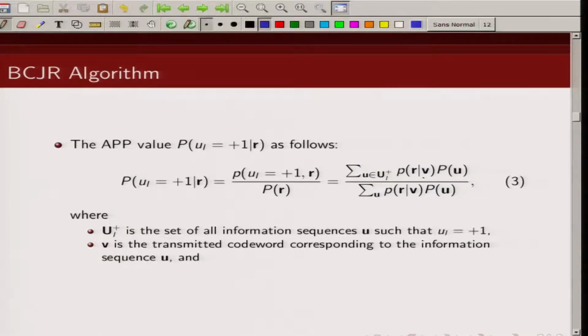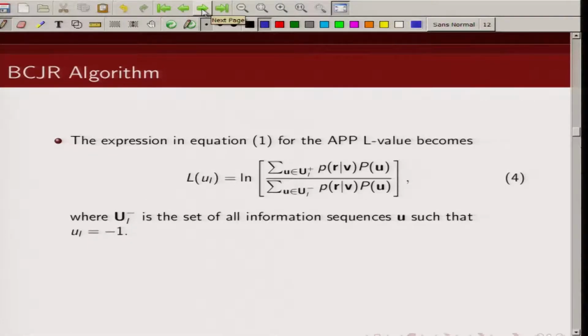Our transmitted code word is V, our information sequence is U, and R is the received sequence. So, probability of R given V can be computed from the given channel.